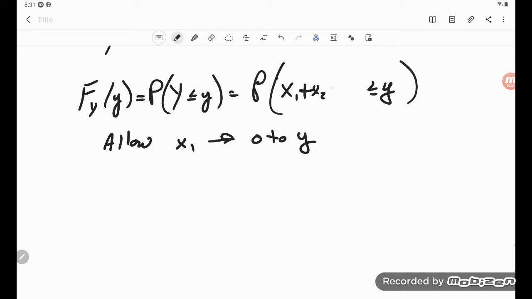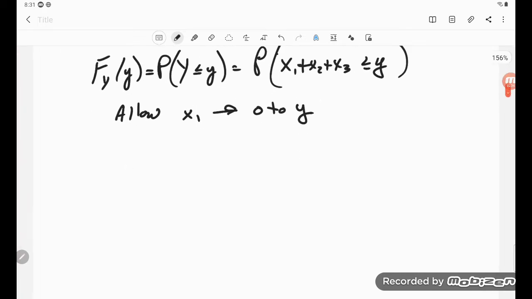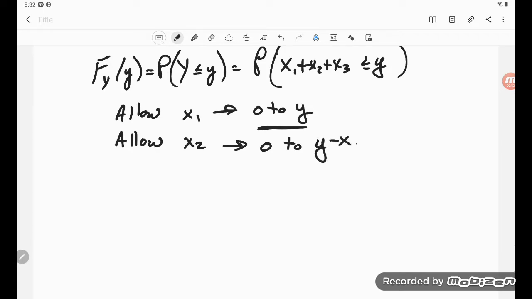Plus x2 plus x3. But then you see, once you've picked x1 that's somewhere in between 0 and y, you're going to allow x2 to be anything from 0 to y minus x1.